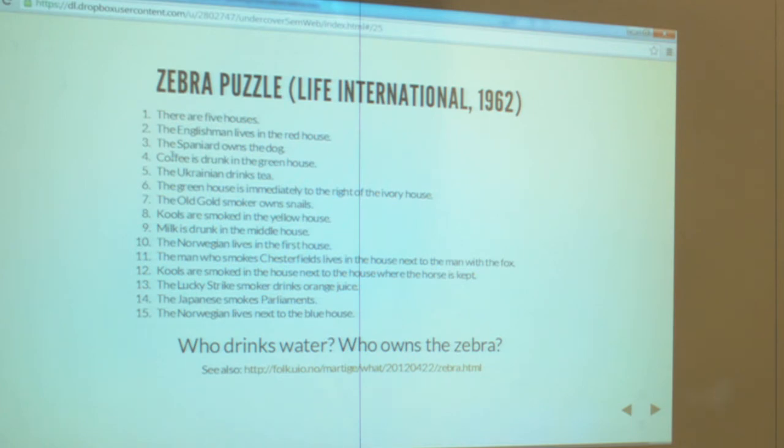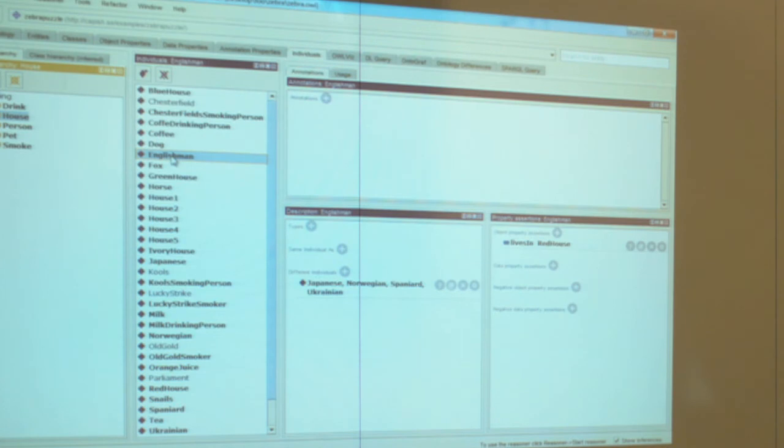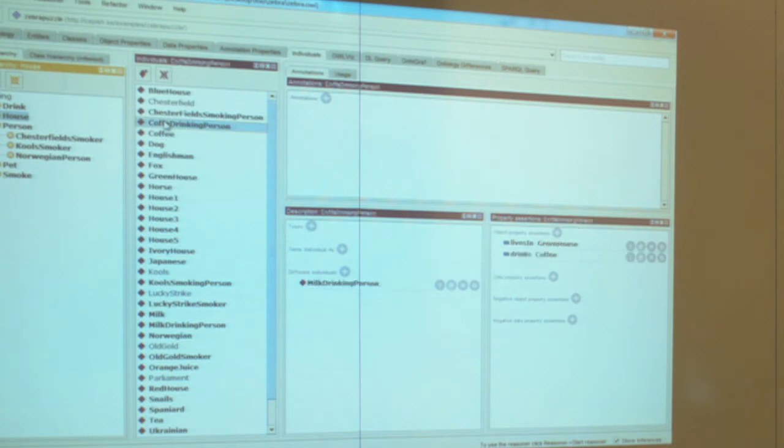Coffee is drunk in the greenhouse. How do we do that? Well, we do it like this. We define an individual, call it coffee drinking person.